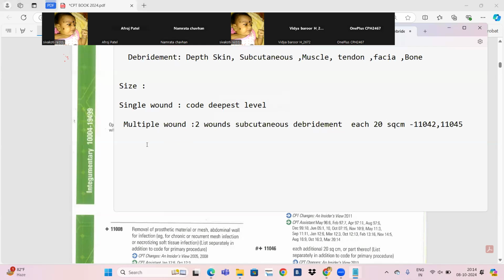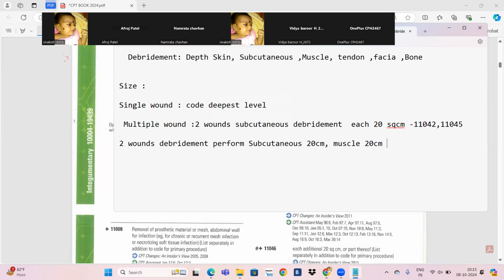So now multiple wounds, same two wounds debrided, performed at subcutaneous and muscle level. 20 centimeter, muscle 20 centimeter.